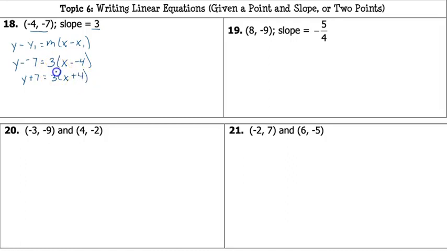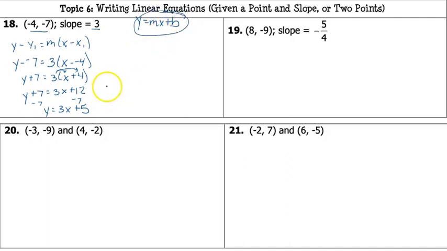First up, we need to distribute. So we now have y plus 7 equals 3x plus 12. I'm still solving for y, so I'm going to go ahead and subtract the 7 from both sides, and I'm going to find that my equation here is y equals 3x plus 5. So that's writing a linear equation. Writing the linear equations, we want to get them all back to y equals mx plus b. That's our goal, and we've done that.